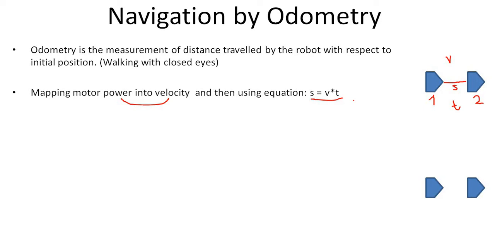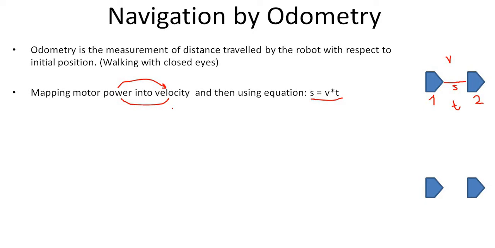But the problem is that this kind of odometry is very inaccurate, because sometimes there is not an accurate mapping from power to velocity. This is not always true because there are many factors that affect this kind of relationship.